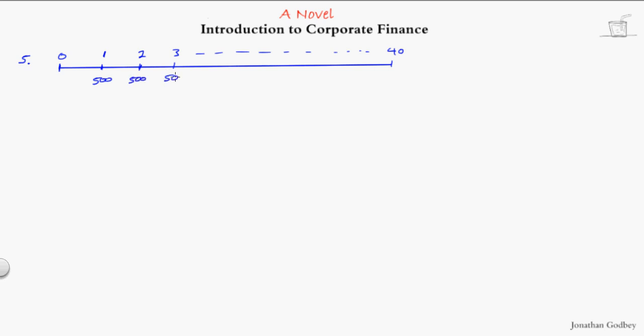So in this case, the total payments we receive are exactly the same, right? 40 times 500 is the same as 20 times 1,000. We both get $20,000. But here what we do is we say we have 40 payments. Those payments are 500. The future value, because there's nothing extra here, is 0.